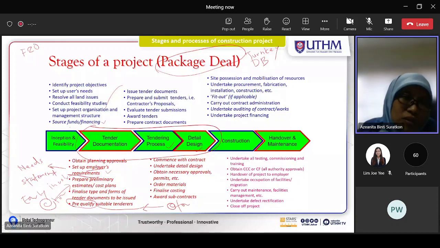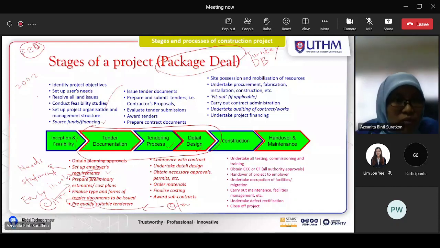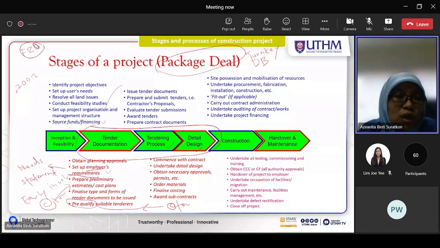Twenty years ago, the project of widening the road from 2 lane to 4 lane actually happened in year 2002. Before that it was only 2 lane.